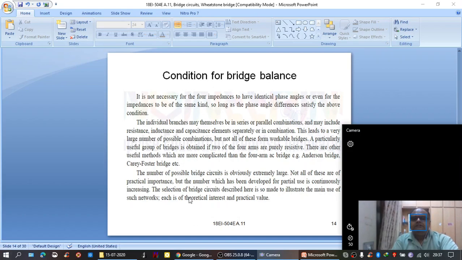Okay. The number of possible bridge circuits is obviously extremely large. Not all of these are of practical importance, but the number which has been developed for practical use is continuously increasing.